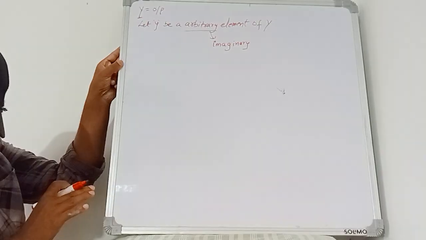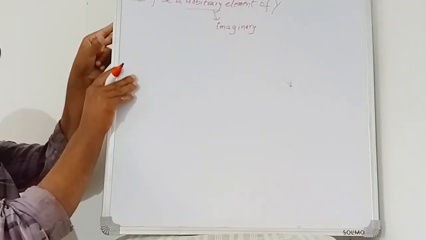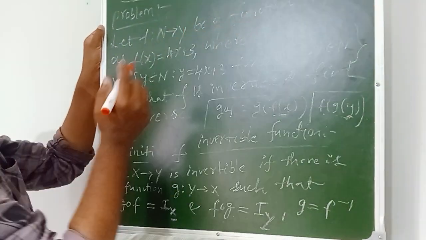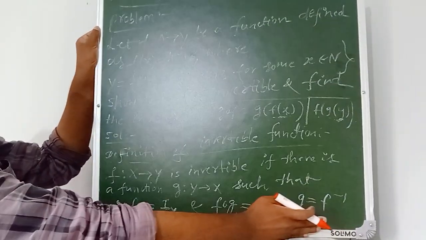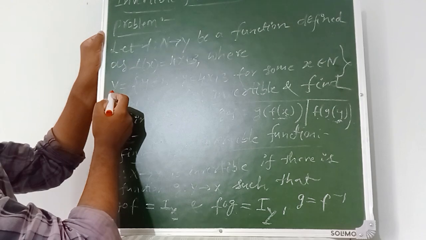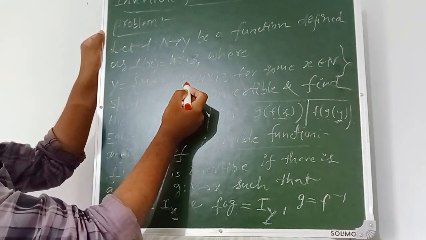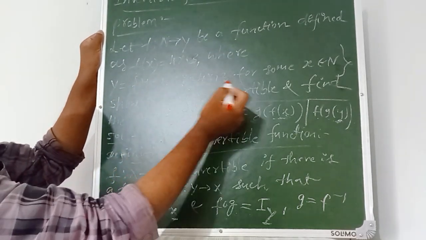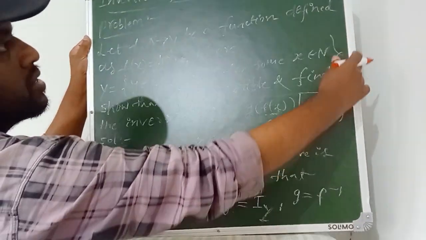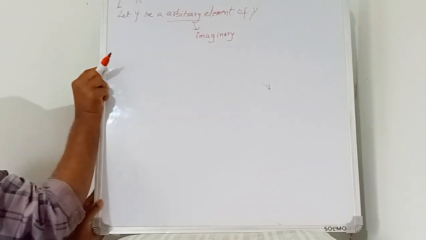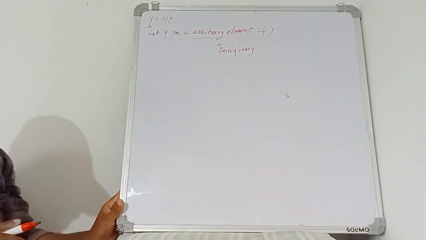Previously, we have seen that y is given by small y equals 4x plus 3, and this x belongs to N. Same thing I will write here.